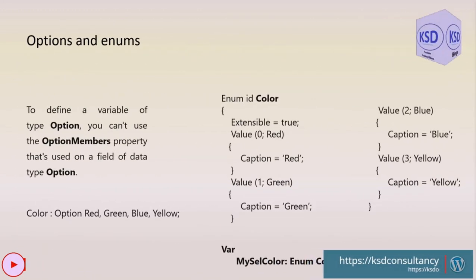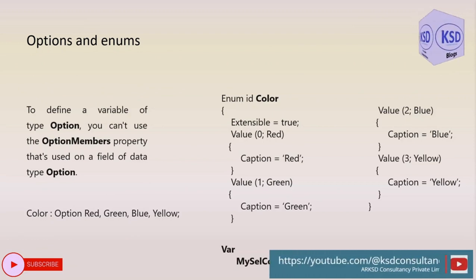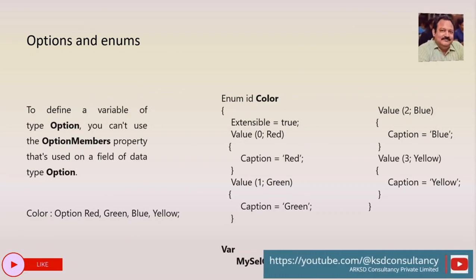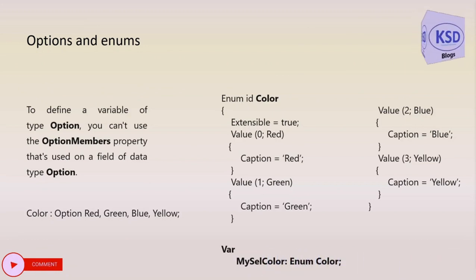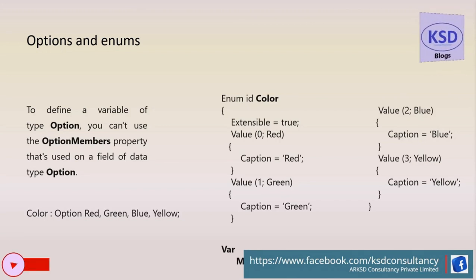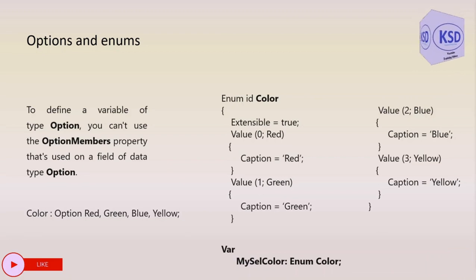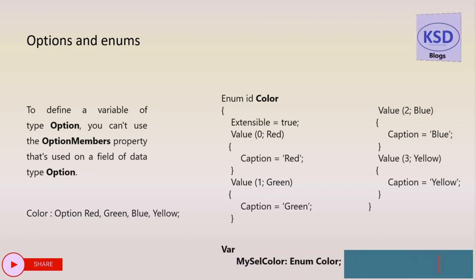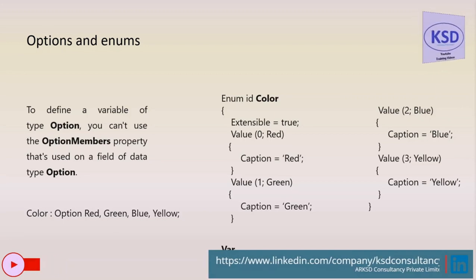So we will have a short view on options and enums. To define a variable of type option, you can't use the OptionMembers property that is used on your field of data type option. When you are defining an option in your AL program or in your objects, like any trigger or any procedure, at that time you don't have access to the option members.